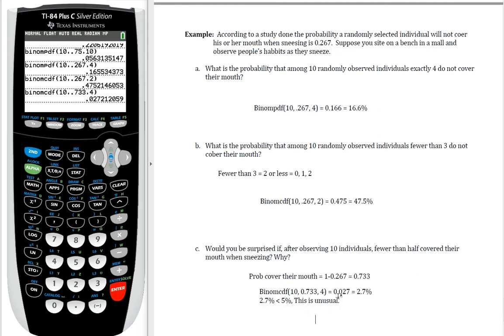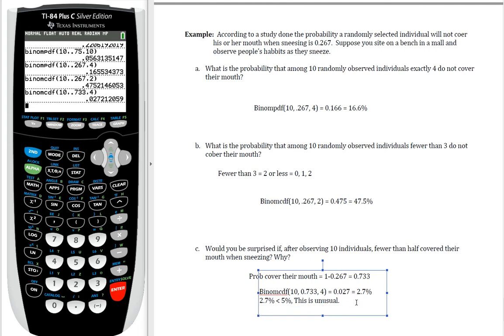Now that is one way of doing it. Another way of doing it is considering the same probability here. If we want fewer than half to cover their mouth, then that means with those that didn't cover their mouth, we had at least 6 people not covering their mouth.